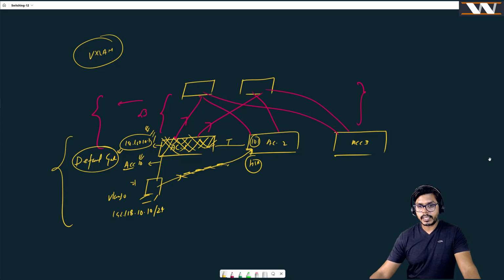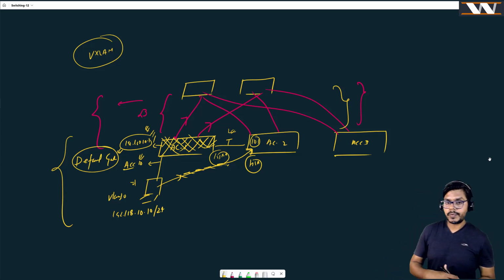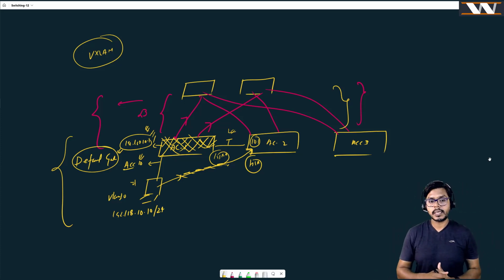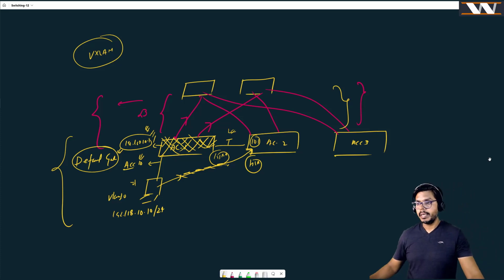So between access switches, if you are running a trunk to extend the VLAN, then I will be running HSRP here. But there are a lot of nitty-gritties with respect to this. Once we are done with this complete course, these kind of issues are going to vanish from your mind. Do not worry. But yes, it's a great question.